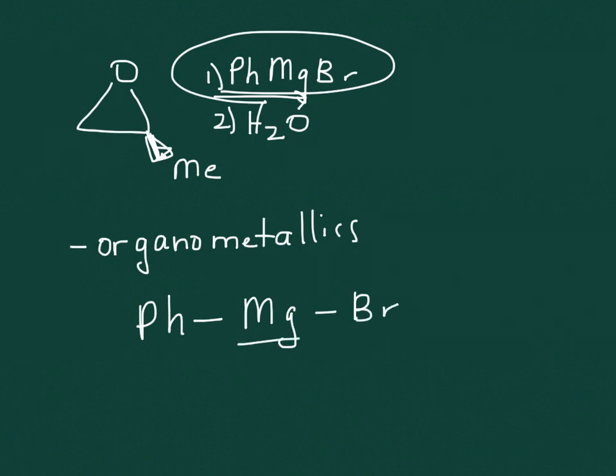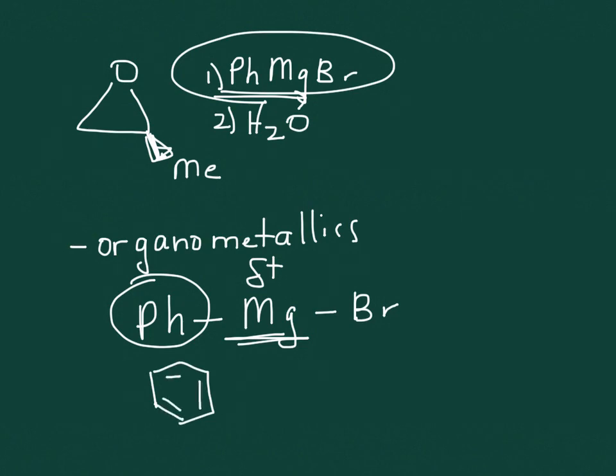Because we have the metal here, the metal has a partial positive charge. What happens is then the carbon that is attached to the magnesium will have a partial negative charge.